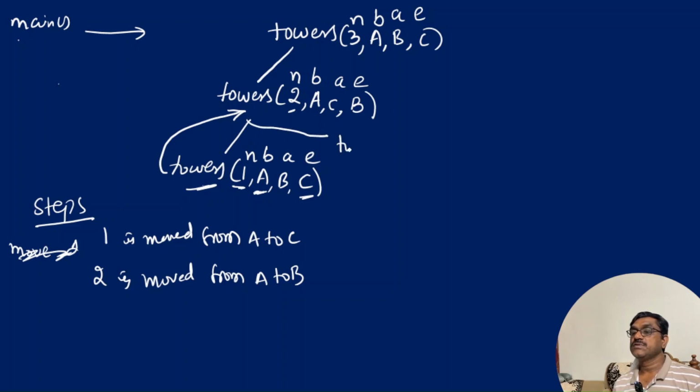Okay, right towers. Again you go to the right and you call another towers function. So left completed, root completed, and moving to the right towers. Now, on the right side, you take the number of disks n minus 1, how much? 1. Now, what is the right side towers going to do?